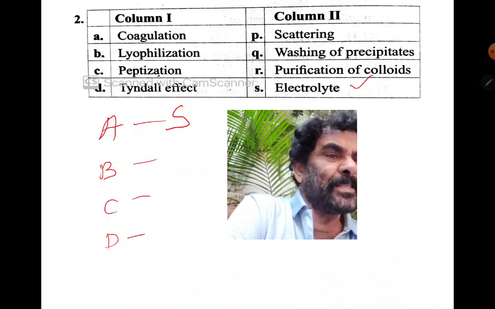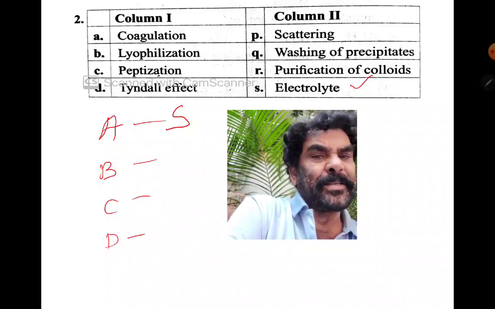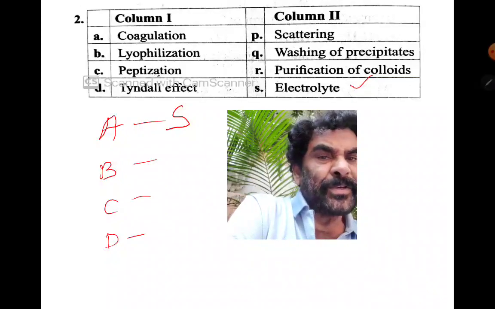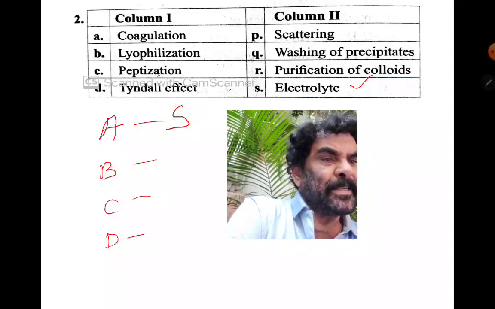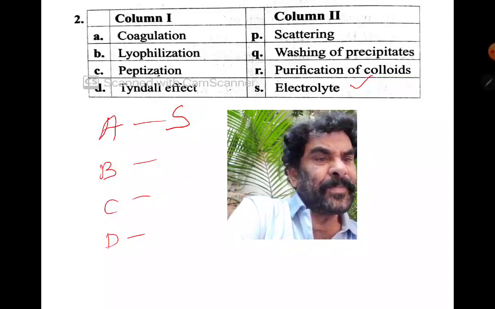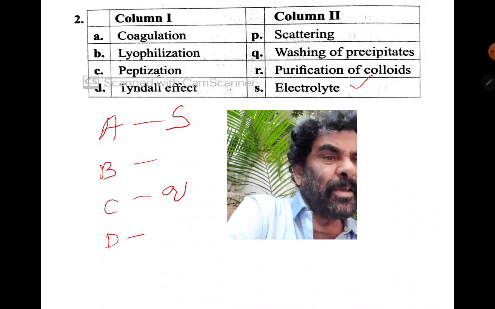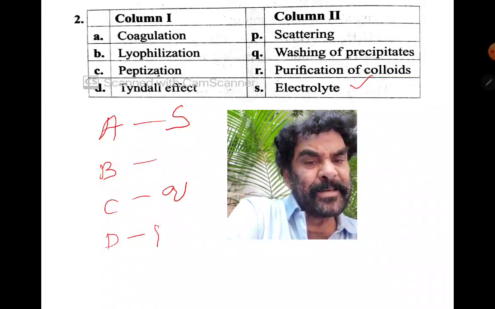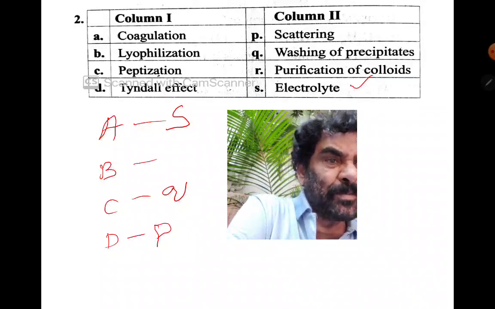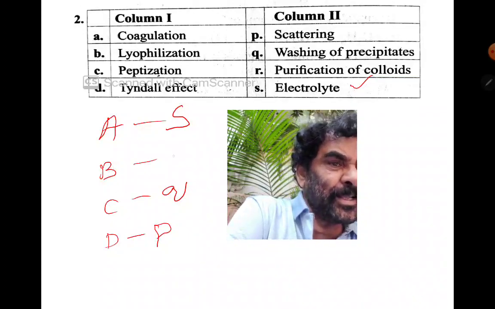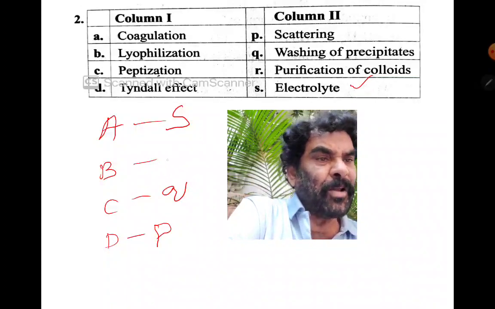Peptization is the washing of the precipitate with electrolyte. That is C, Q is correct. Now, Tyndall effect, scattering of light. The leftover option for B is only purification of the colloids.